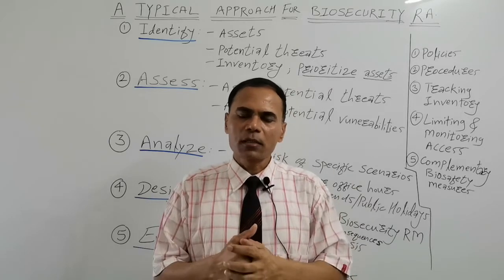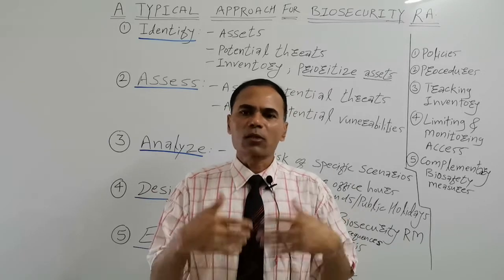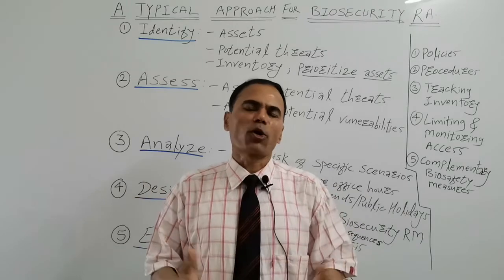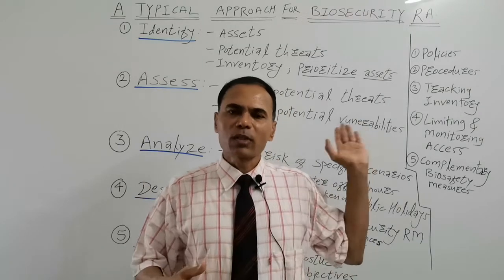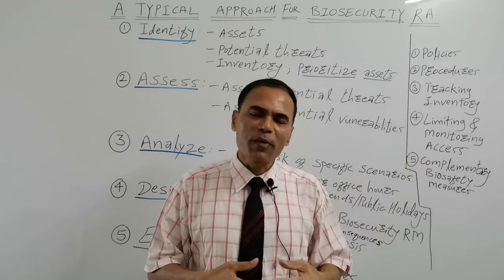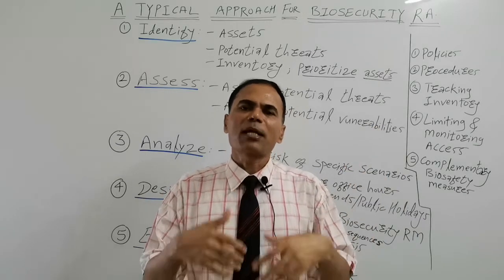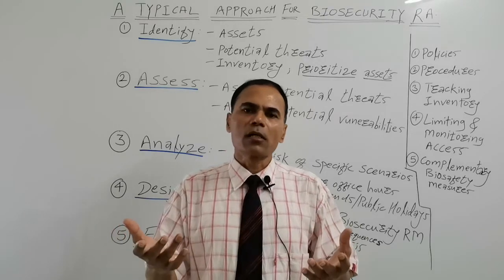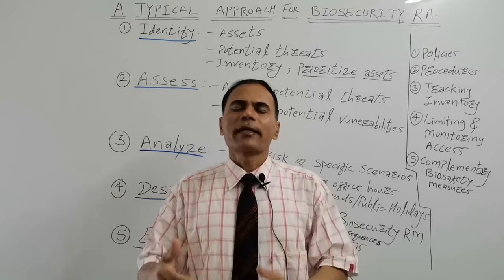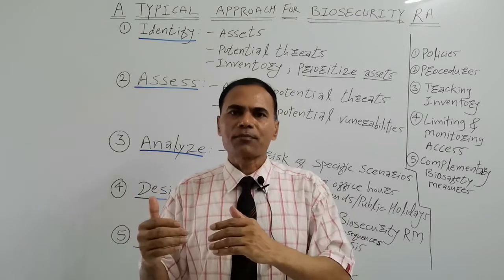Maybe they are pathogenic to the plants or animals or humans, depending on what type of research you are doing. So the ultimate aim of the biosecurity is to prevent the loss, theft and misuse of these biological agents or any biological material or research related sensitive information.